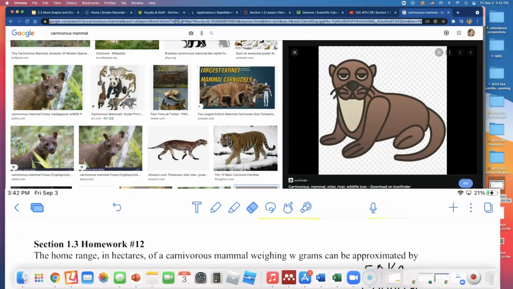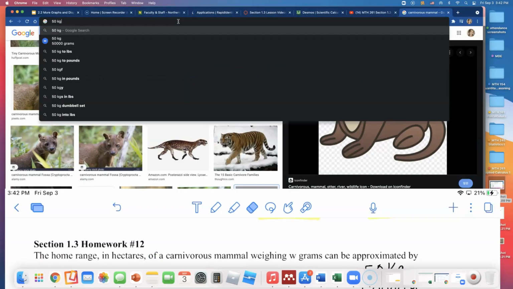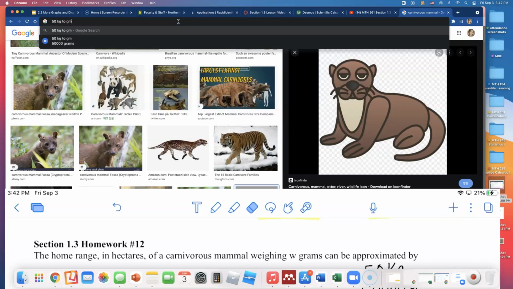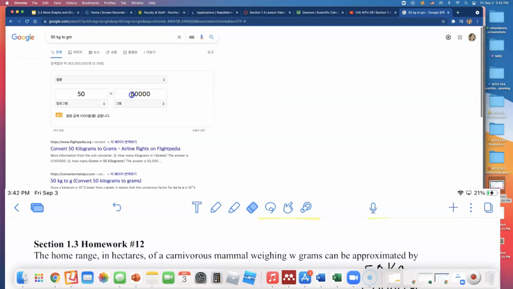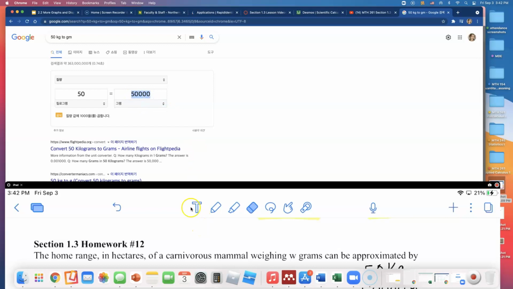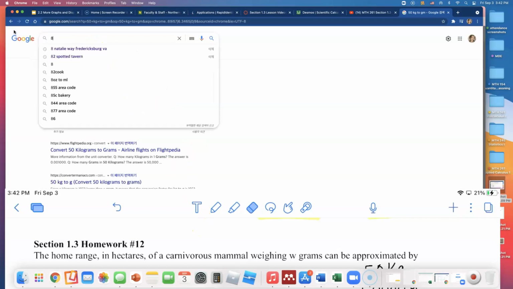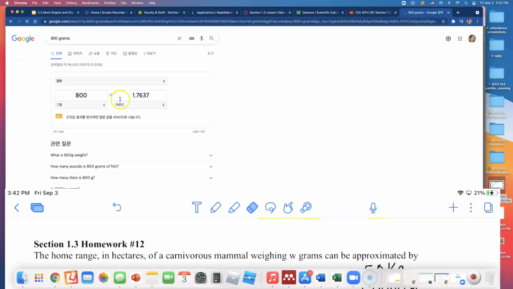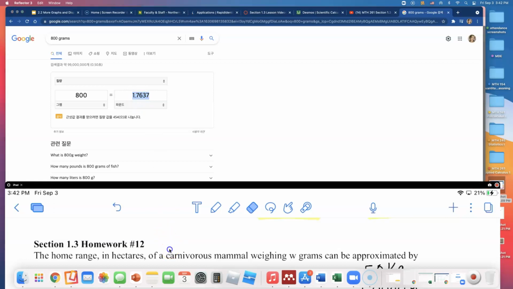Am I that heavy? 50 kilograms to grams. Yeah, I am 50. That sounds big. So what kind of animal is 800 grams? 800 grams to pounds is about 1.76 pounds. It must be something tiny.